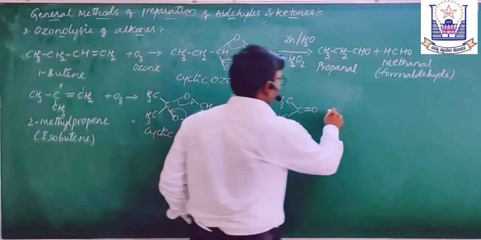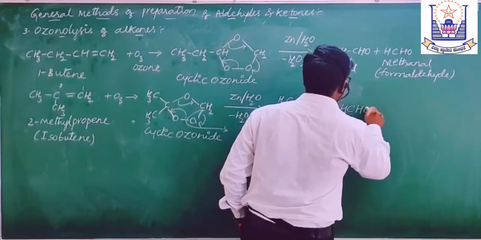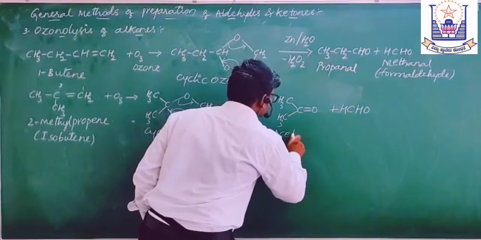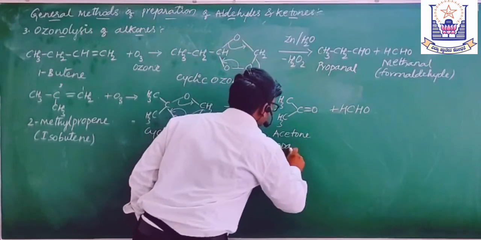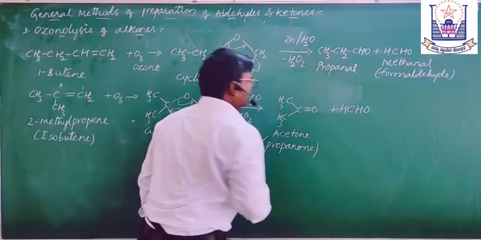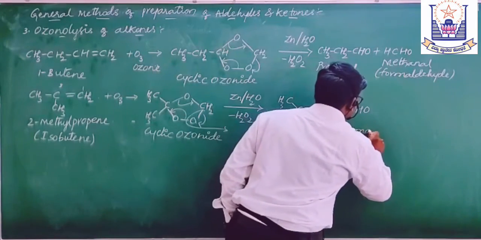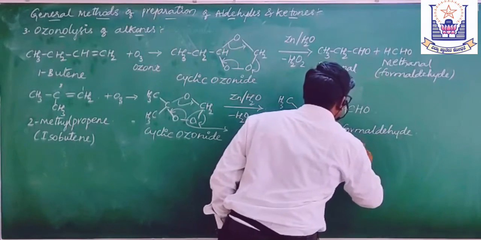HCHO again, and you can write CH2O, no problem. So what is this? Acetone. The common name of this compound is acetone, or IUPAC name is propanone. Then what is this? Common name is formaldehyde. The IUPAC name is methanal.